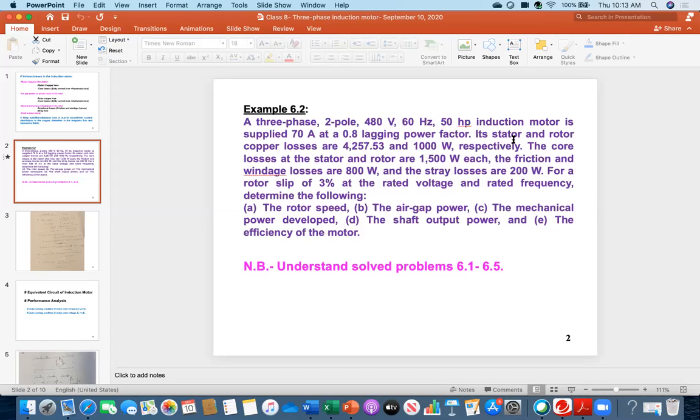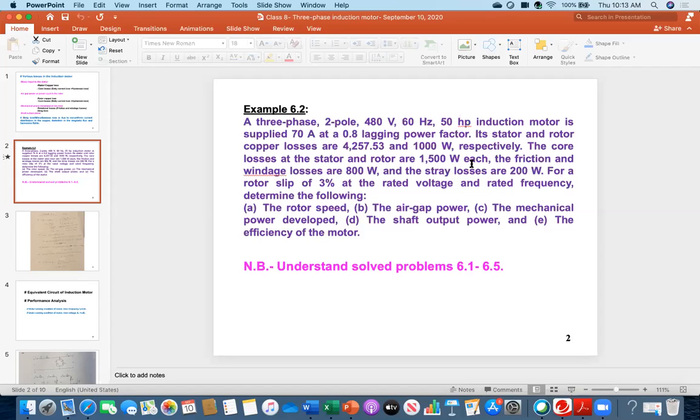Can you see the information? These numbers are the stator and rotor copper losses, the 3I squared R losses, so you don't need to calculate them. Those values are given directly. The core losses at the stator and rotor are 1500 watt each. This means the same number, 1500 watt, applies to both stator and rotor core losses.